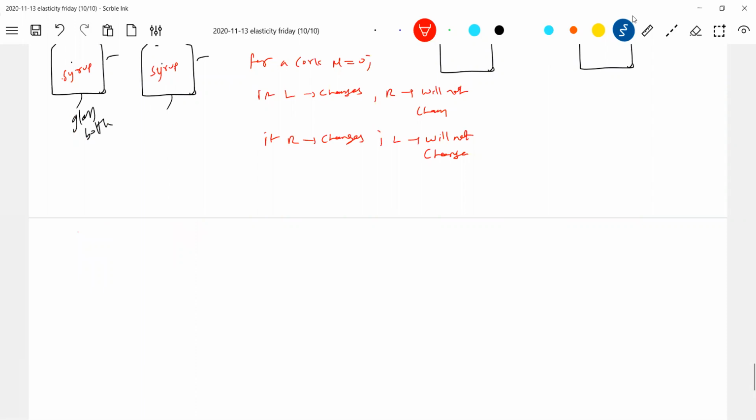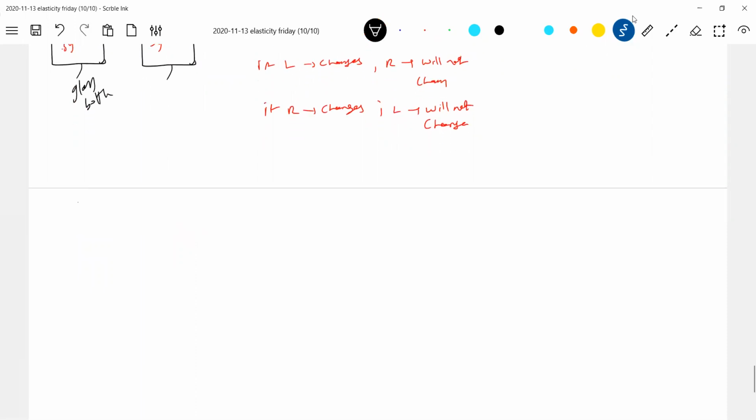And now even Poisson's ratio can be negative also. So the exotic materials will take it. What are these materials? They have mu negative. What do you mean by mu negative?